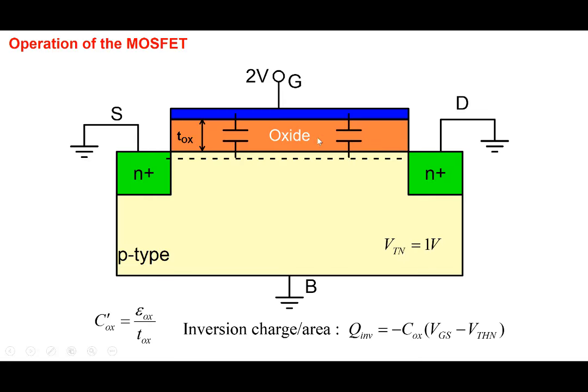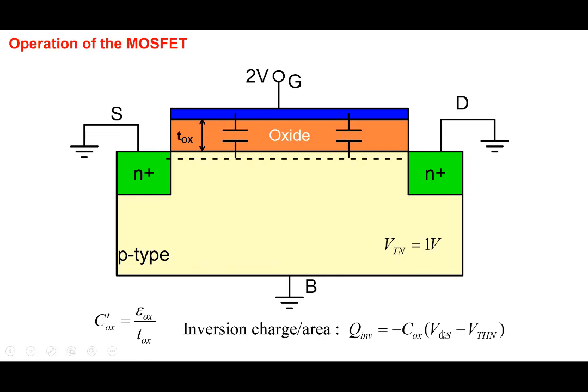And so this inversion charge, how much inversion charge is there, will be equal to the oxide capacitance. So this is capacitance per unit area. And this is the inversion charge per unit area. So oxide capacitance multiplied by VGS minus VTHN. Why VTHN? Because it's only when the gate voltage exceeds VTHN that we get this inversion layer.